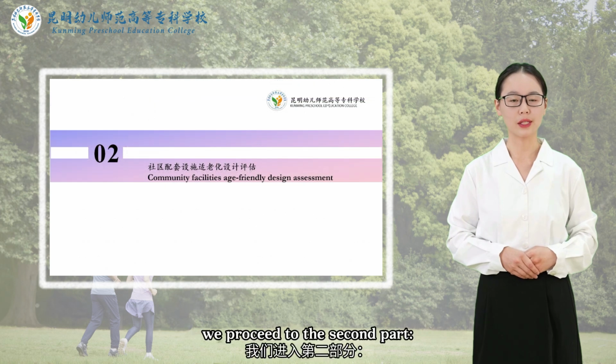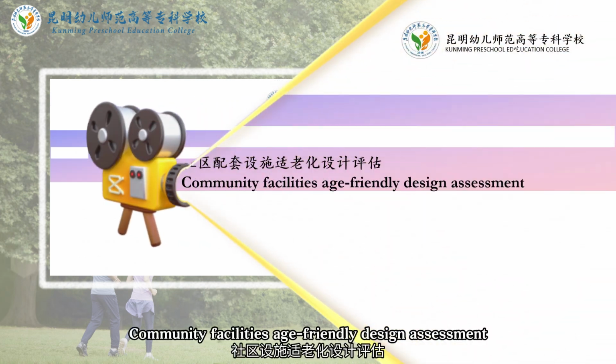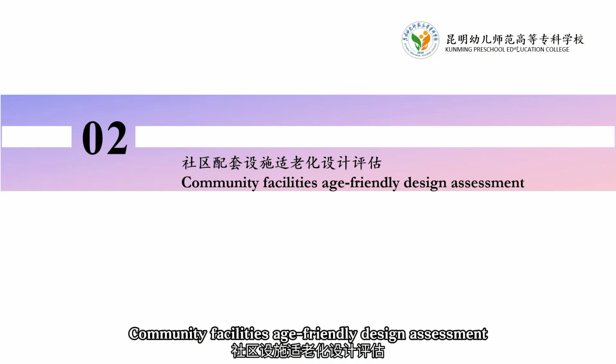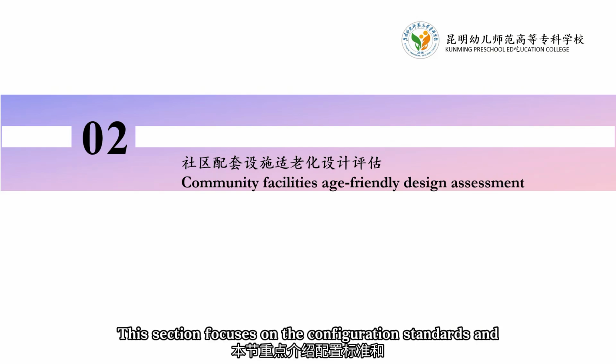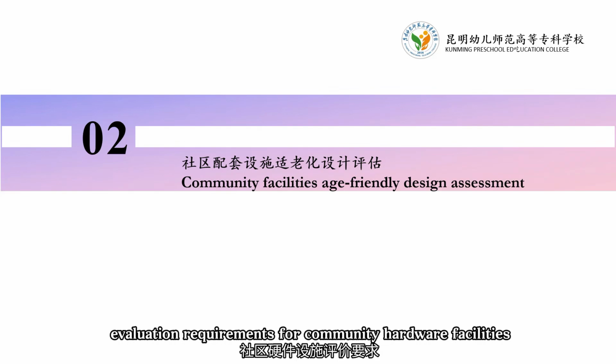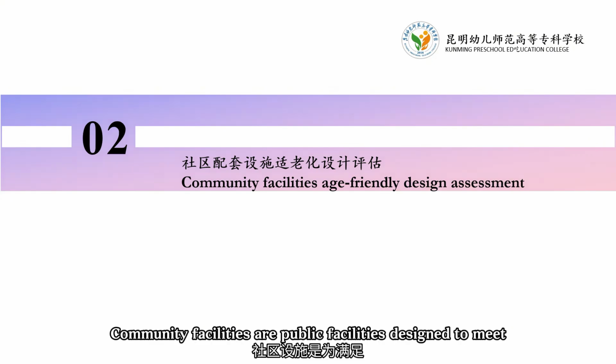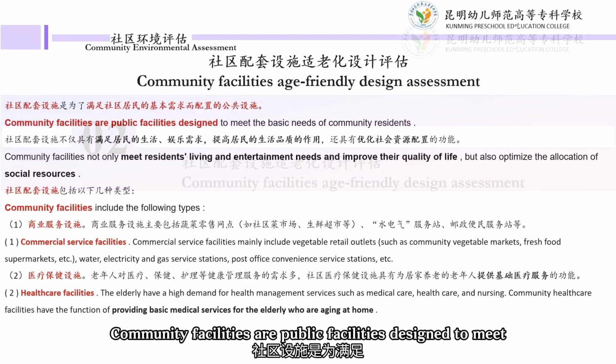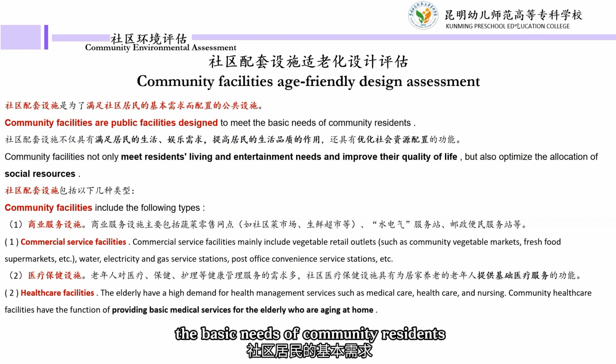Next, we proceed to the second part, Community Facilities Age-Friendly Design Assessment. This section focuses on the configuration standards and evaluation requirements for community hardware facilities. Community facilities are public facilities designed to meet the basic needs of community residents.